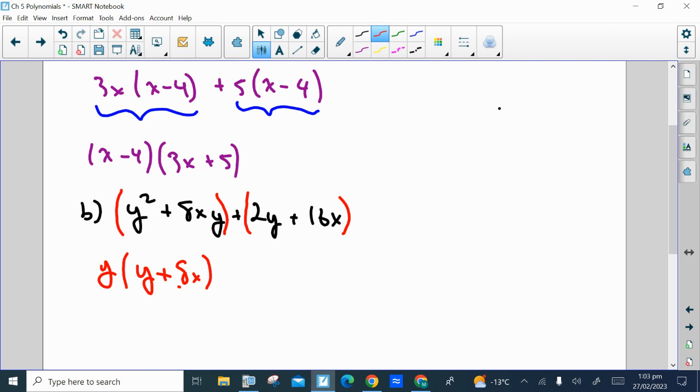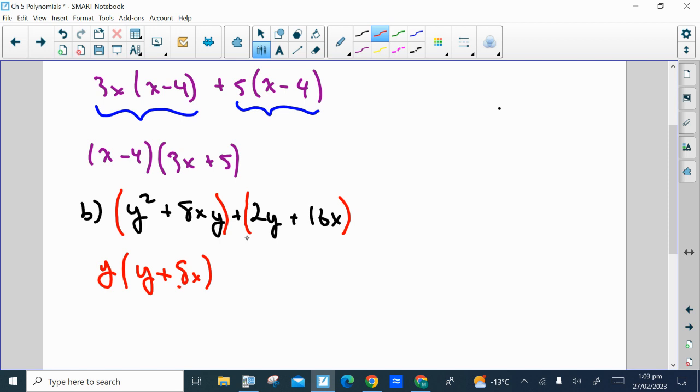What's the common factor out of the second 2 terms? You're comparing 2y and 16x.